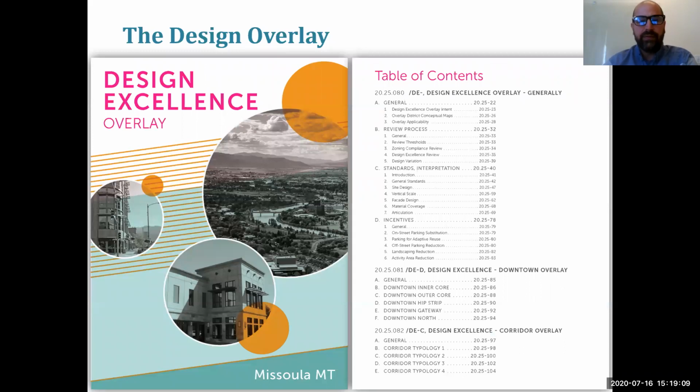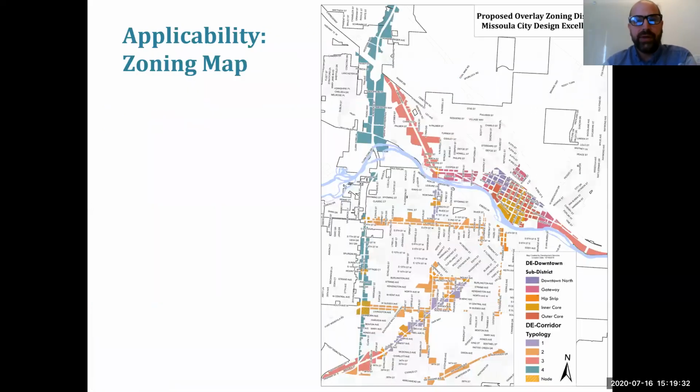And the final product was the overlay itself, which was adopted into Title 20, and those are the zoning standards. The specific code is here. There's 3 total sub chapters in the zoning that were adopted, and then the overlay was applied on the map.